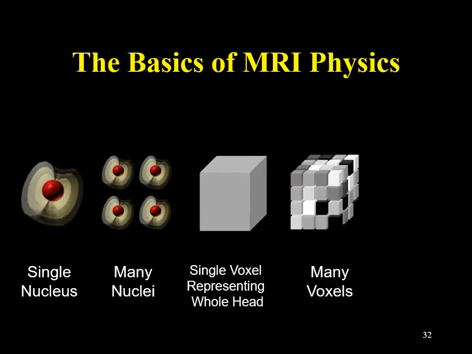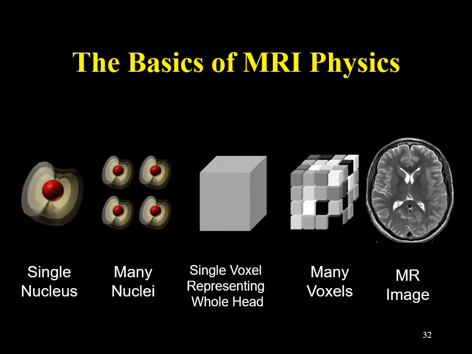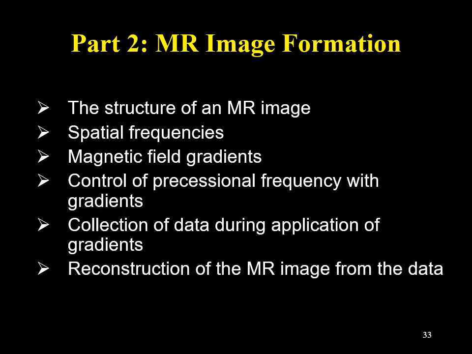In the next part, we will describe a spatial localization process whereby we can determine where in the head the signal is coming from and ultimately generate an image of the head. There are several subcomponents to part 2 of this talk.